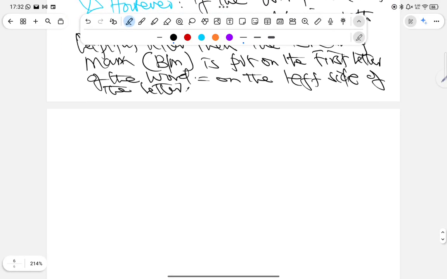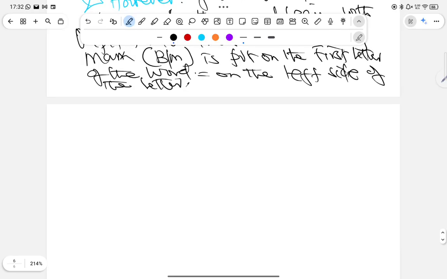So an example is this. We have the word epsilon, beta, rho, alpha, iota, omicron, sigma.